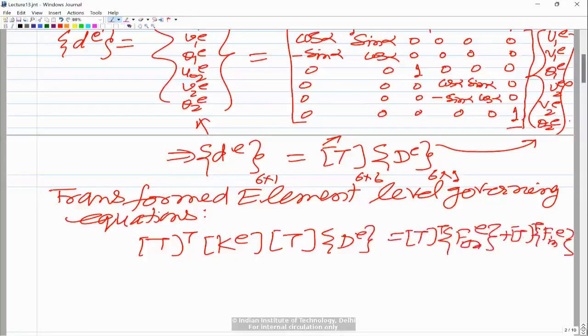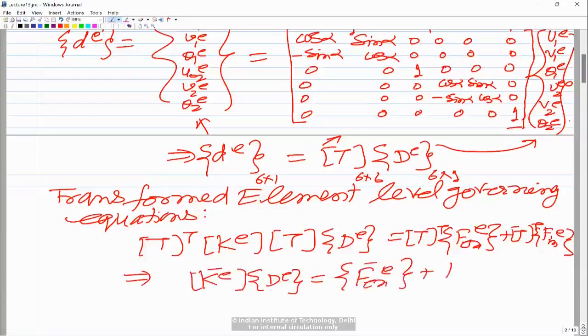So this becomes the transformed element level governing equation, and we have written earlier this as Ke bar into DE is equal to F external E bar plus F internal E bar. Here Ke bar is this, F external bar is this, and F internal bar is this whole thing. So this is what you get as the transformed element level governing equations.